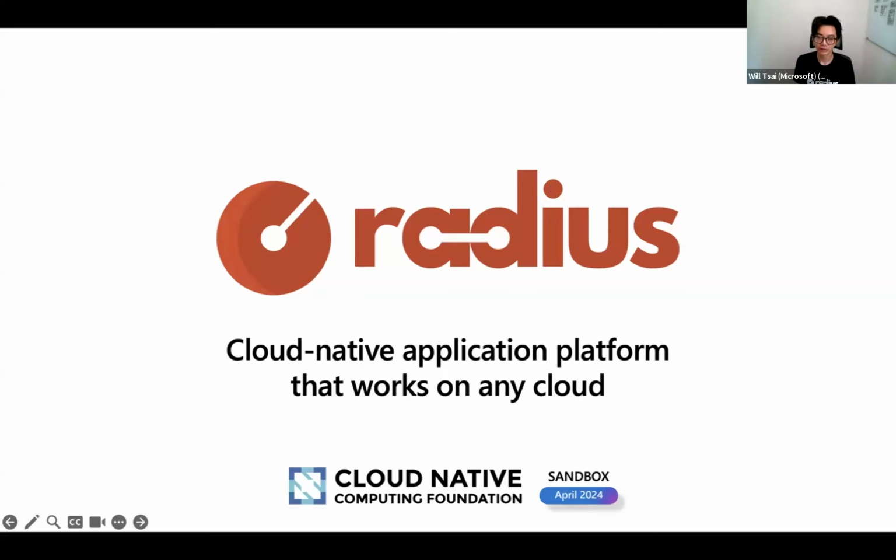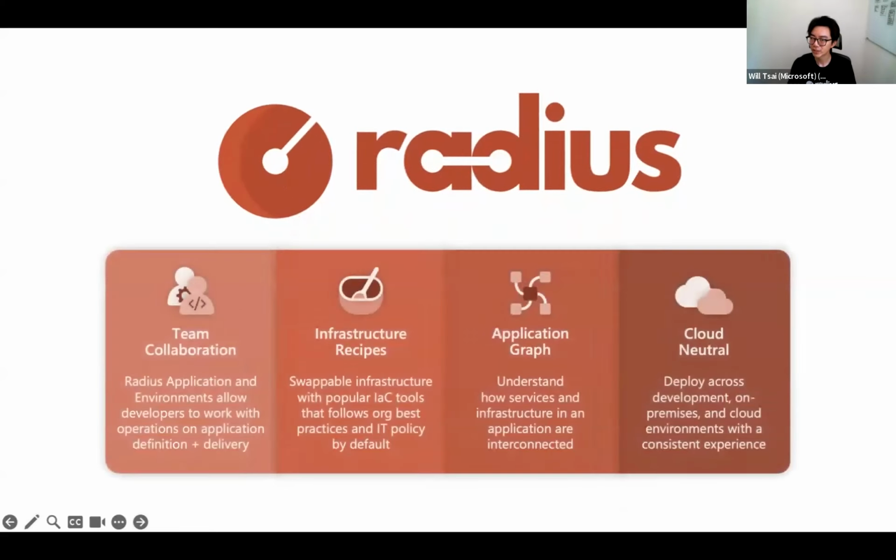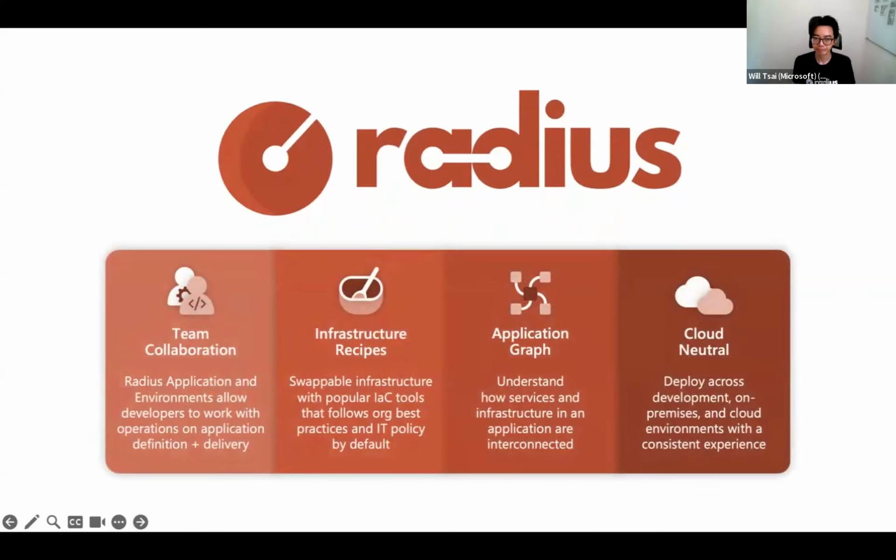We're part of the CNCF. We just got accepted into Sandbox as a Sandbox project in April. And at a very high level, I'll talk a little bit about the 4 main goals that we sought out to accomplish when we were creating Radius.